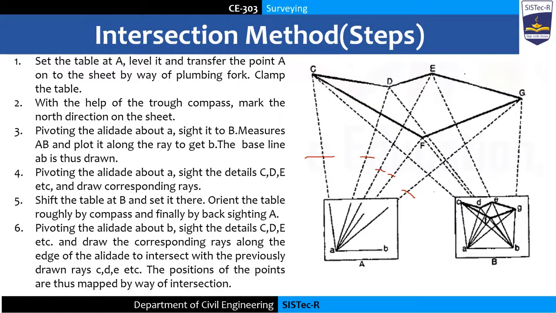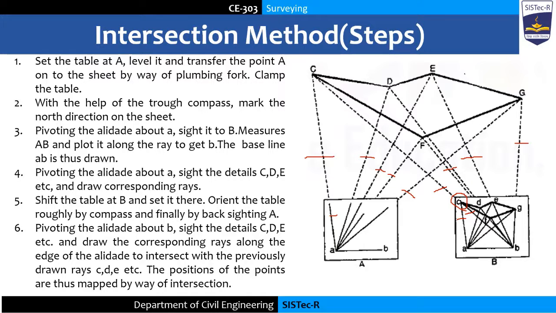This is the line for C, this for F, this for D, this for E and this for G. So this is the line for the station C from the first station and this is the line for C from the second. Where both these lines intersect, that will give me the point C. In this way I will draw the traverse onto the paper.